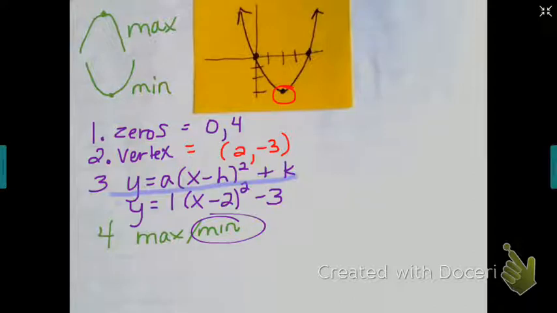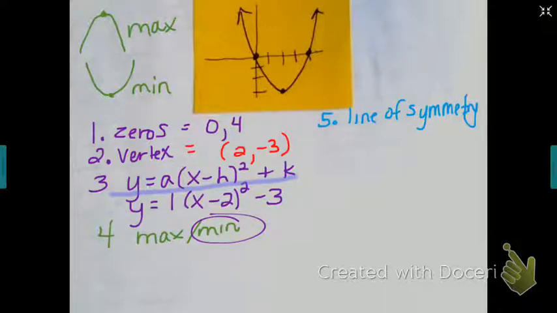Okay, next, it's going to ask me about the line of symmetry. The line of symmetry is the line that goes down the middle of it. It's the line that divides the parabola in half. The line of symmetry will always go through the vertex, and it'll be up and down, and it'll go through the x value of the vertex.